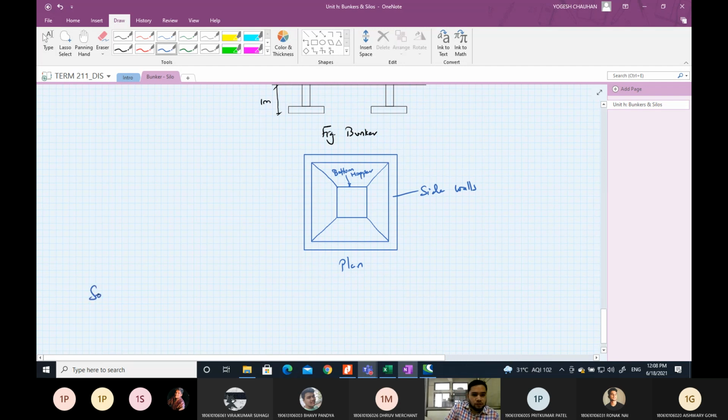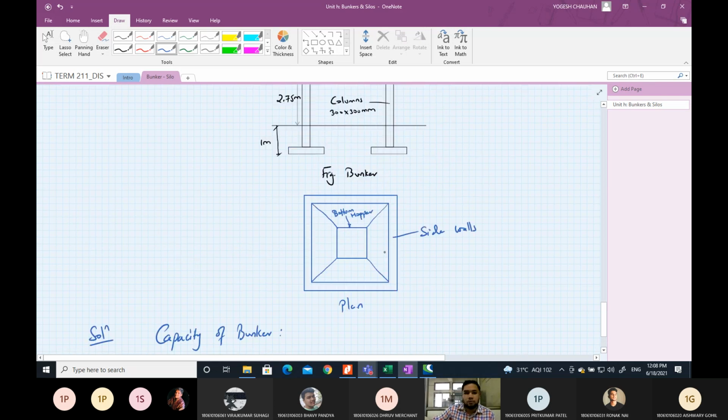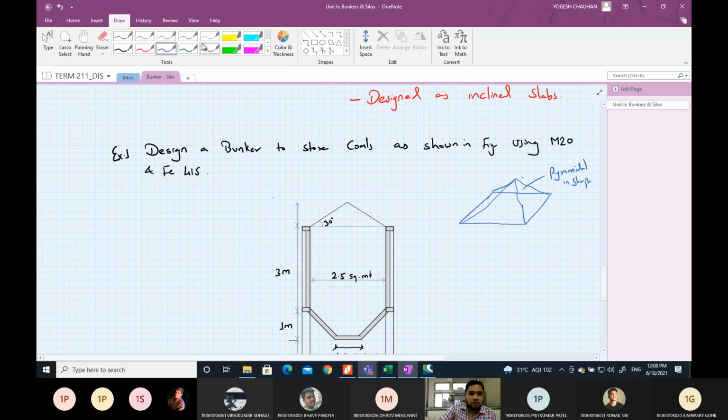Okay, so let us start. So first step would be to find the capacity, for which you have to find the volume occupied within this much space. You have to find the volume occupied in this much space.